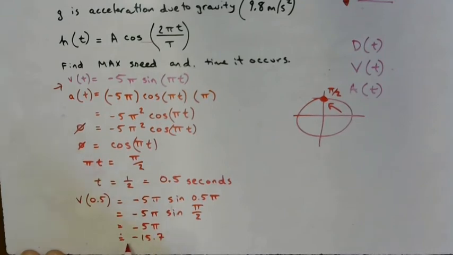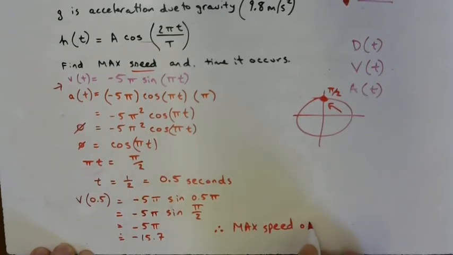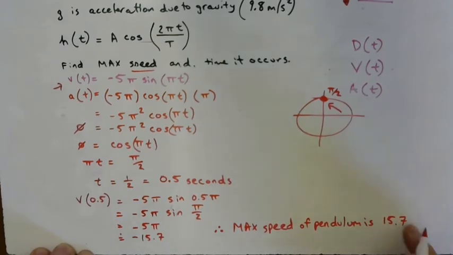Now that's velocity, and we're just looking for speed. Speed does not take into account direction. So we have now figured out that the max speed of the pendulum is 15.7 centimeters.